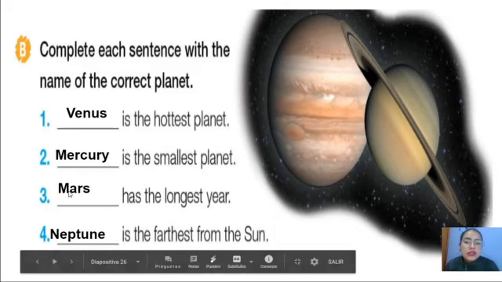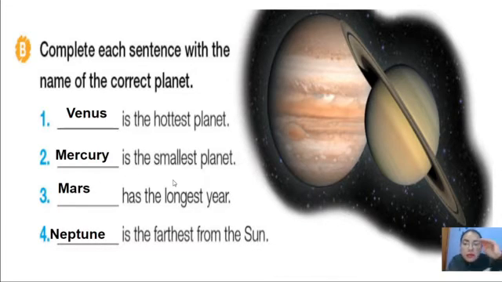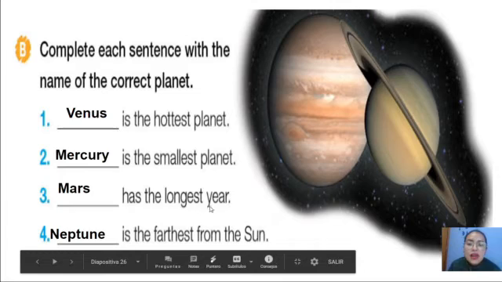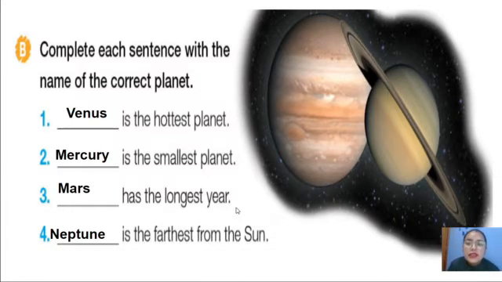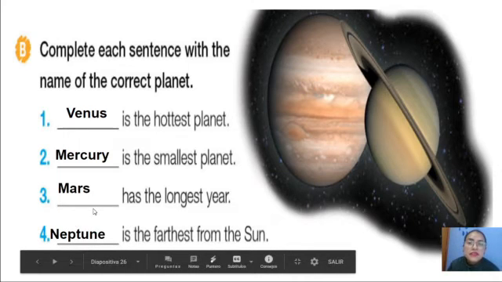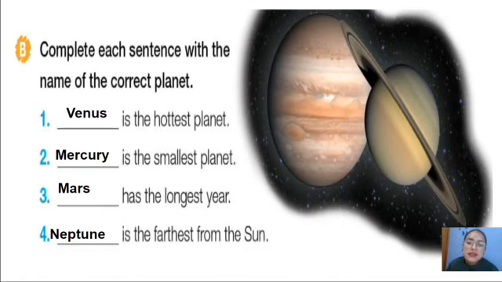En esta parte estamos usando los superlatives. ¿Y cuál es la terminación de superlative? Est. Very good. Don't forget that, it's so important. Mercury is the smallest planet. Next, Mars has the longest year. Longest, largo. Year. 4. Neptune is the farthest from the sun.